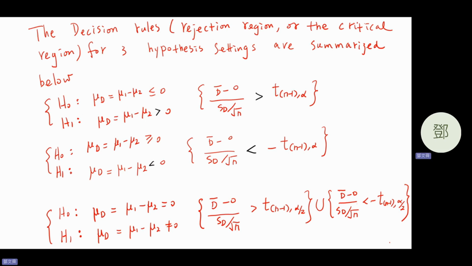Is it very similar? Here the procedure, the decision rule, is very similar to what we have learned before for the t-test. Understand? Okay.